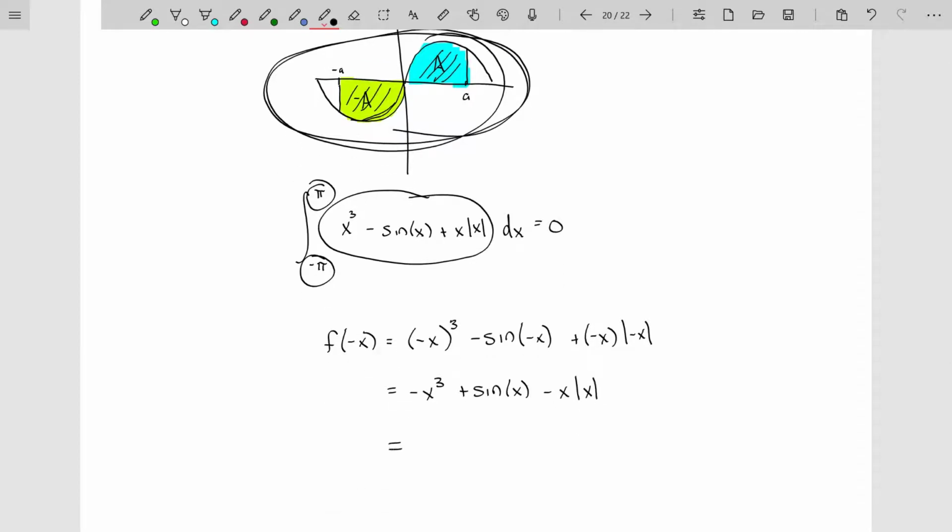That is equal to the opposite of x cubed minus sine of x plus x times the absolute value of x, which is equal to the opposite of f of x, right? So that showcases this is an odd function. Once you've done that, you've shown that the definite integral over that symmetric interval will be 0.